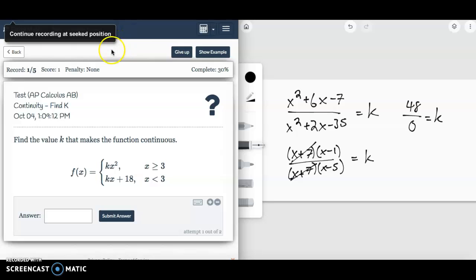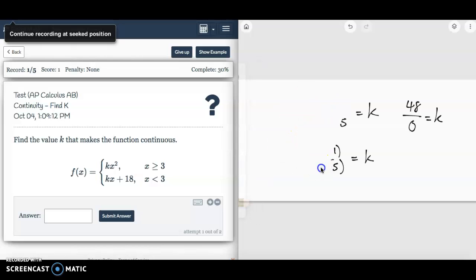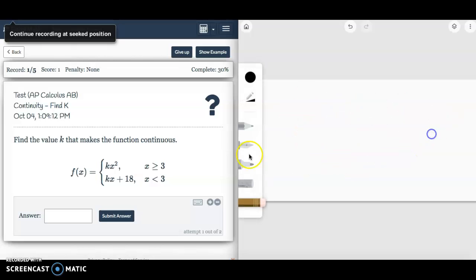Hopefully this one will work. In this one, we want to make it continuous and the breaking point is at 3. So I'm going to set those things equal to each other. kx squared equals kx plus 18. But I want this to be happening at my breaking point of 3.